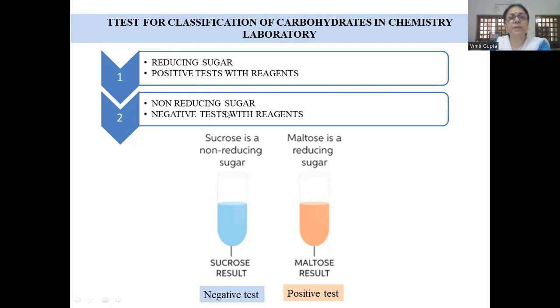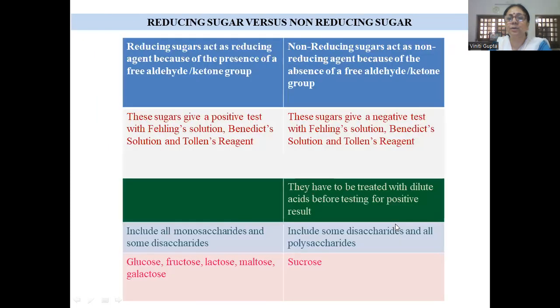But if it is a non-reducing sugar, it will not give the test, and it will remain the color of copper sulfate, which is blue. So by this test, we can identify whether the sugar given to us is reducing or not reducing. A reducing sugar acts as a reducing agent because of the presence of a free aldehyde or a ketone. And a non-reducing sugar is a non-reducing agent because it does not have a free aldehyde or a ketone.